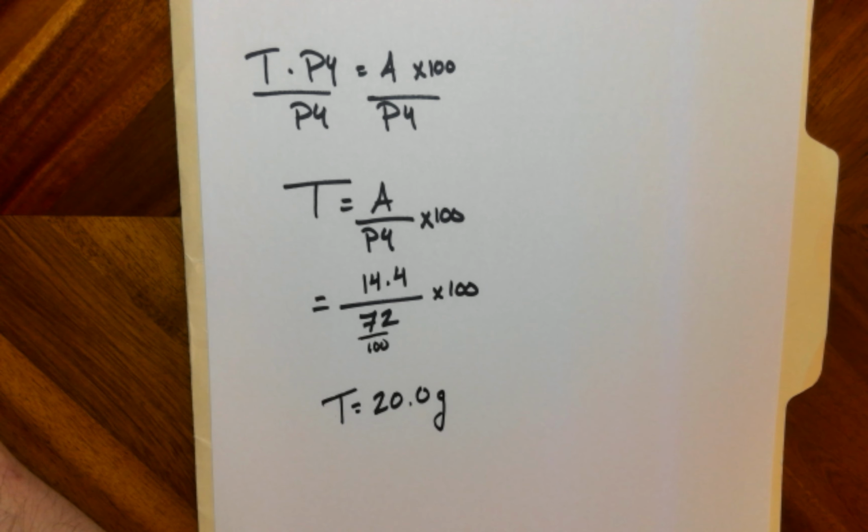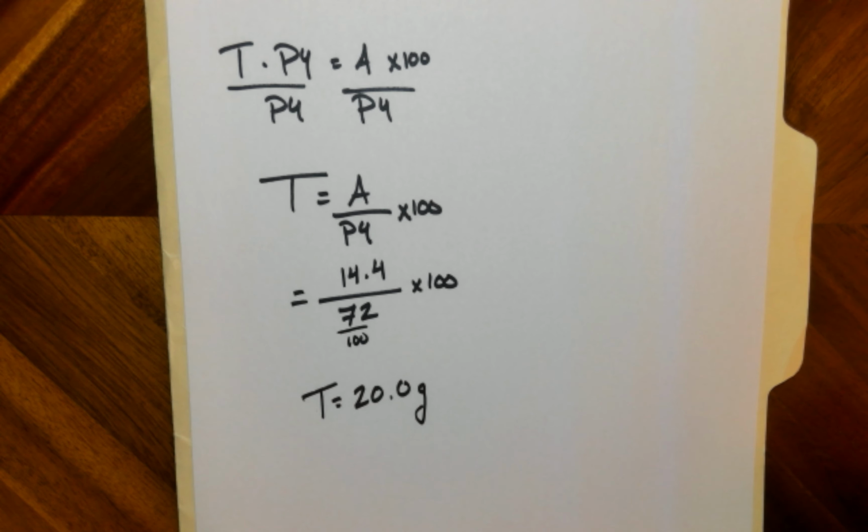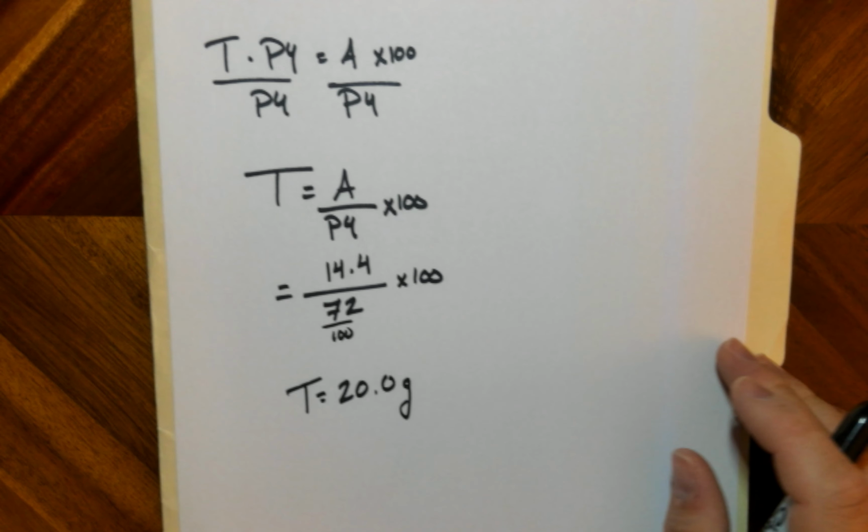So, parts B and C ask you to convert these yields to moles. Because they're in grams, we should be able to easily convert these. Right? So let's look at part 3, question B, part B. How many moles of aspirin were theoretically expected?